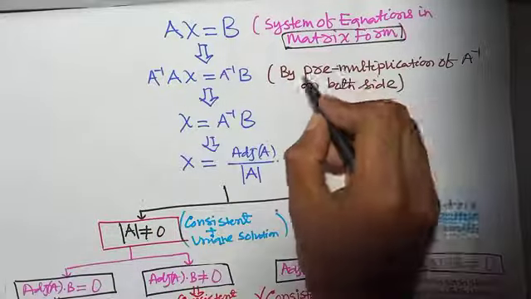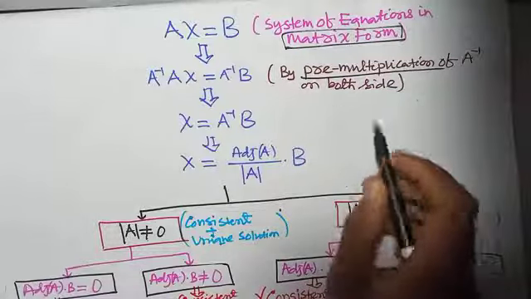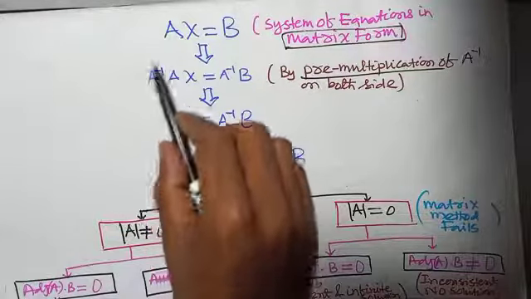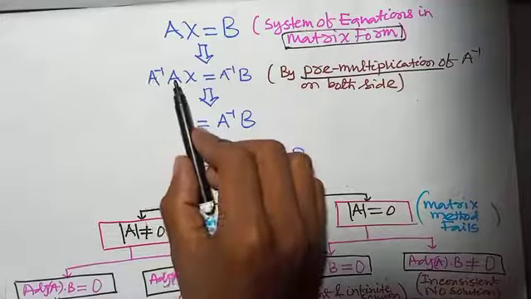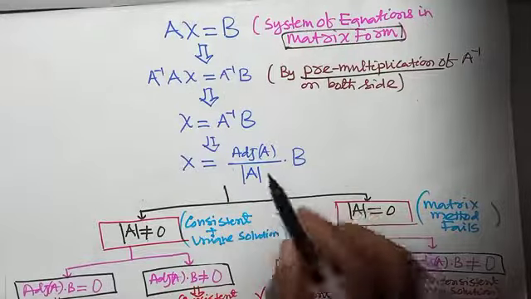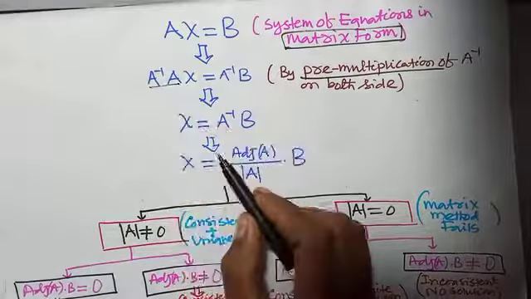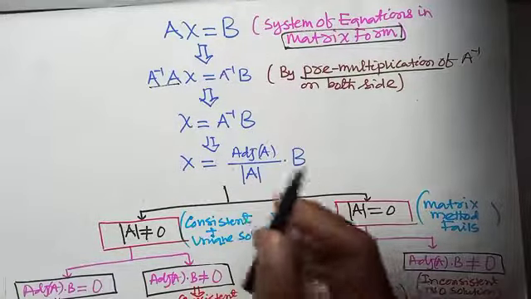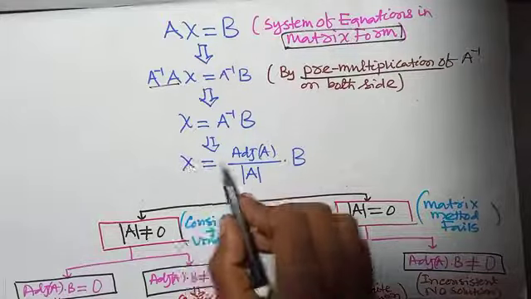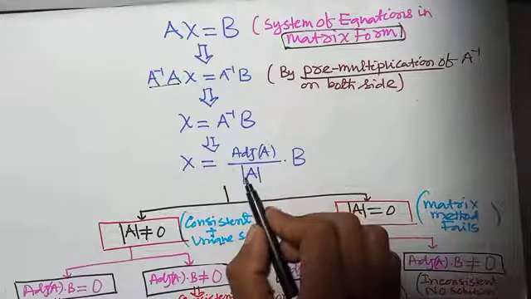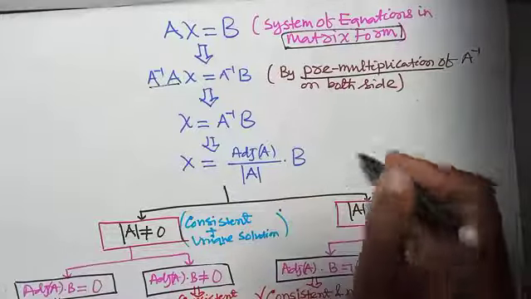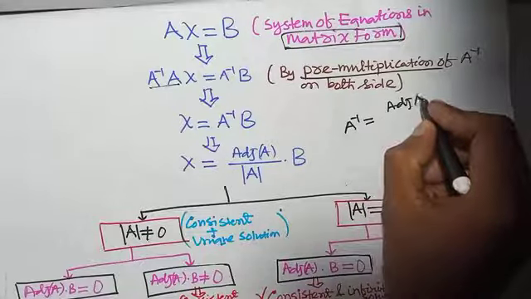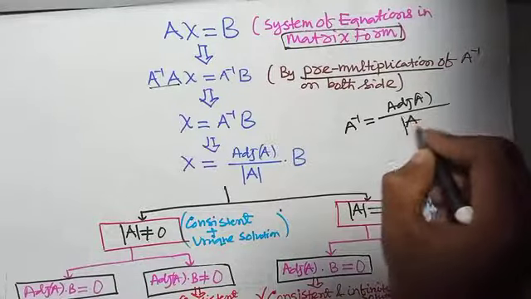Now let's pre-multiply the A inverse matrix on both sides. It will be A inverse into AX equals A inverse into B. These two matrices will cancel each other, so now it will be X equals A inverse into B. Now X will be adjoint of A upon determinant of A, into B, since the inverse of a matrix is given by the adjoint of that matrix upon the determinant of that matrix.